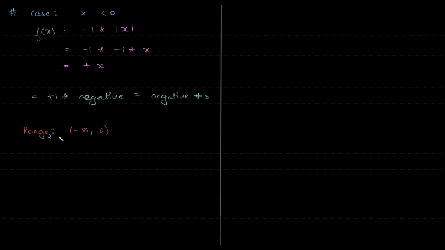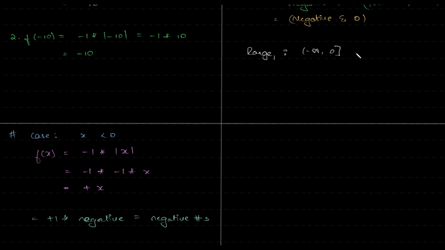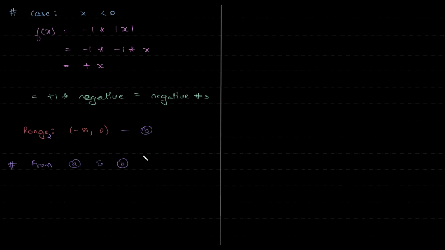So now combining 1 and 2. This is 2, by the way. So from A and B, this being B, that being A, what are we looking at?